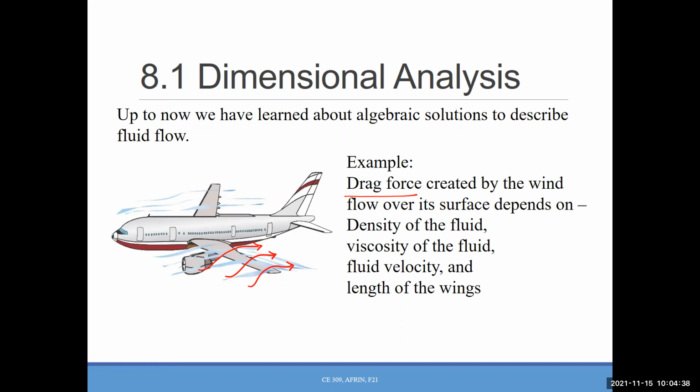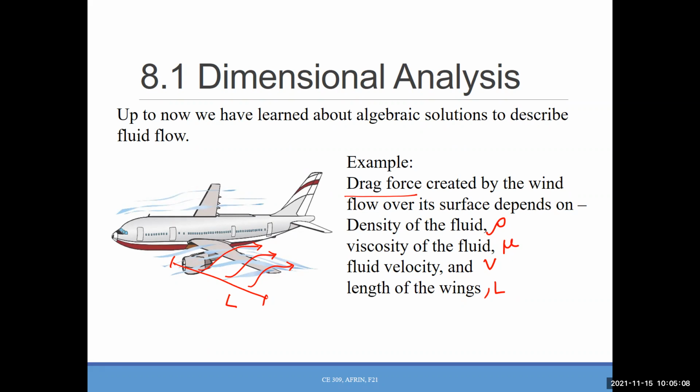And this drag force is actually a function of the density of the fluid, viscosity of the fluid, fluid velocity, and the length of the wings here. Now, the density of air can be different for different heights, temperatures, and pressures.